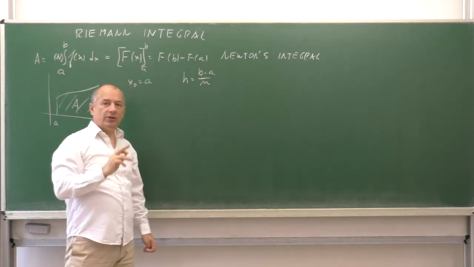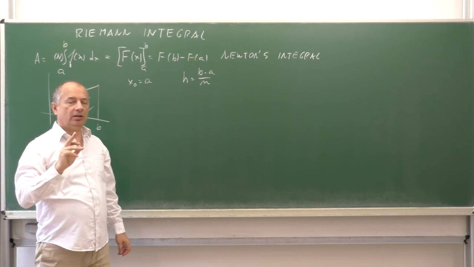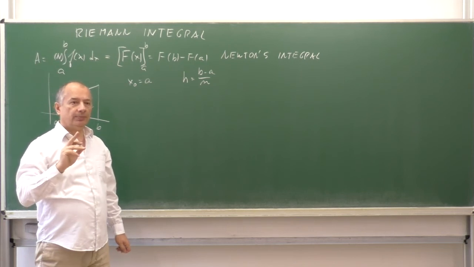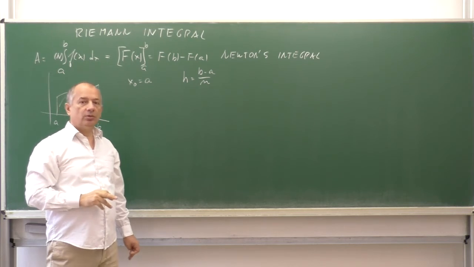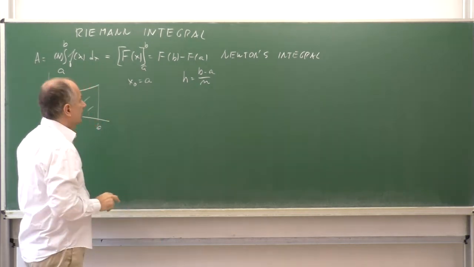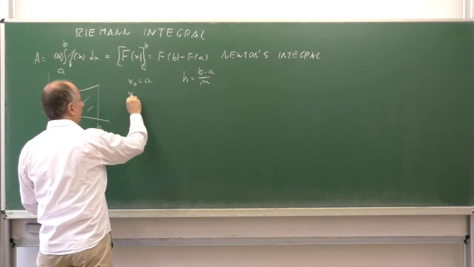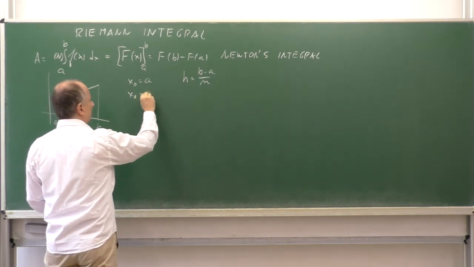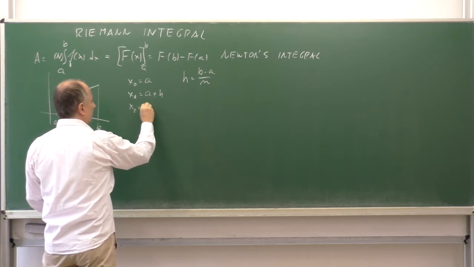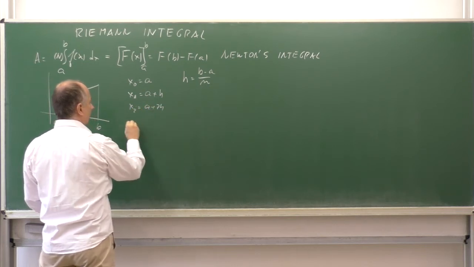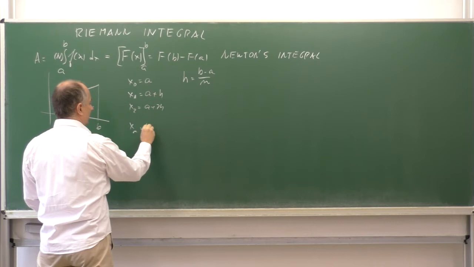This is very similar to what we have done when introducing the trapezoidal rule and the Simpson's rule for approximate integration. Then the next point will be x1 equals a plus h, x2 will be a plus 2h, up to xn is b.